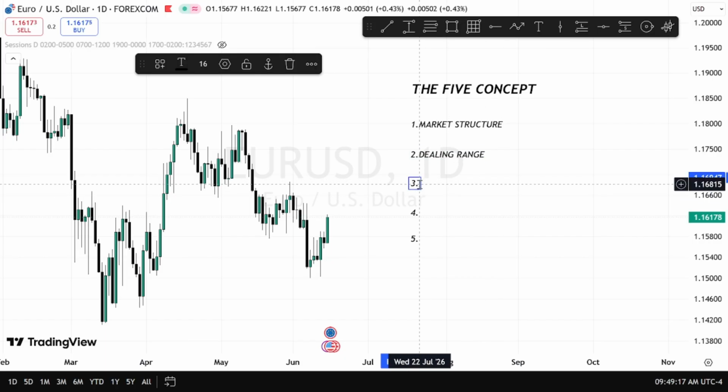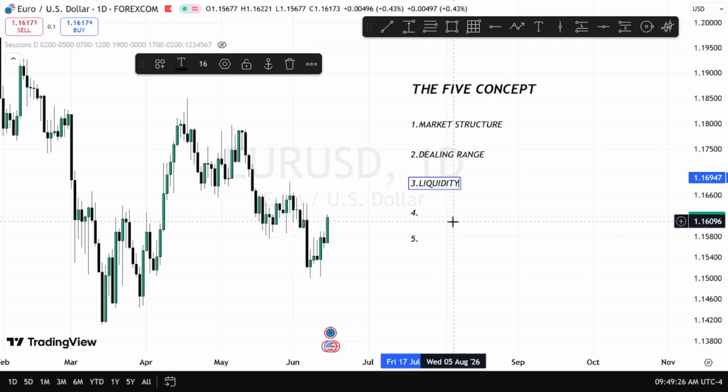And then the third one on the list for me is liquidity. Liquidity is simply money, all right? Liquidity is money, but on the chart here, liquidity is old highs and old lows, basically, right?